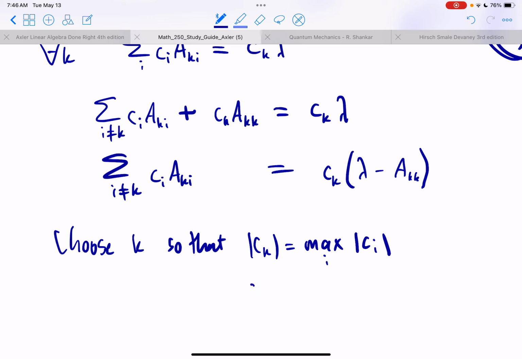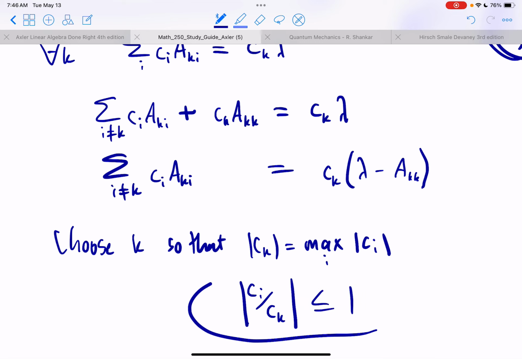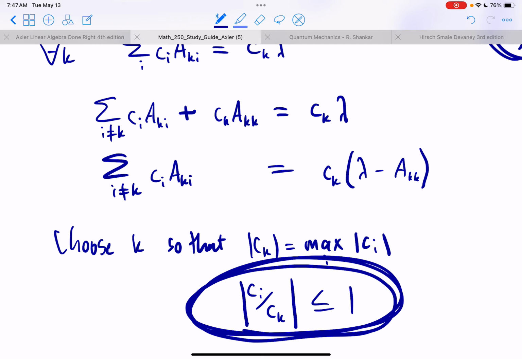That means that if we take any other ci and divide by ck, its absolute value is less than or equal to 1. And that is going to allow us to get rid of all the c's. We're going to replace them with a less-than-or-equal to something that completely gets rid of them and just replaces it with a 1. So that is going to be super useful.